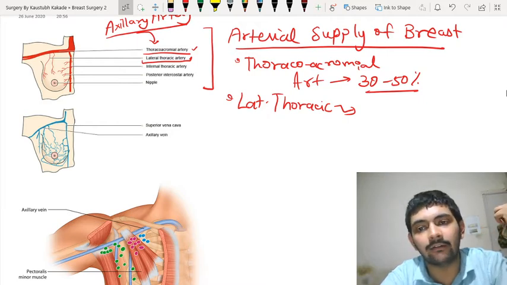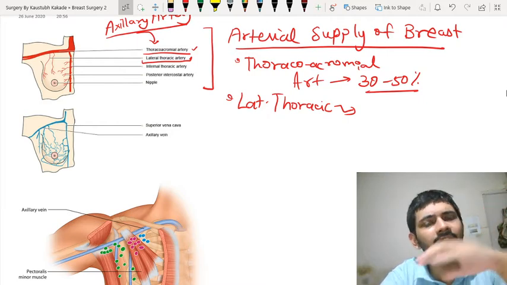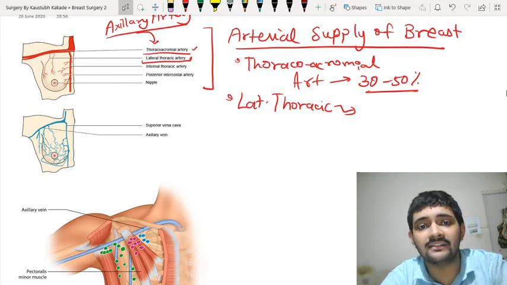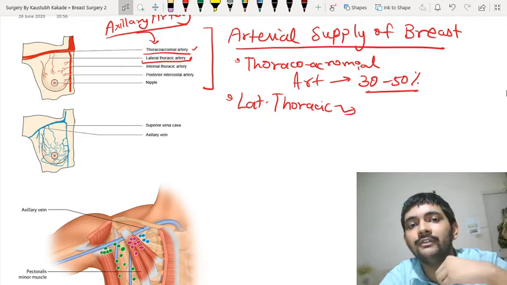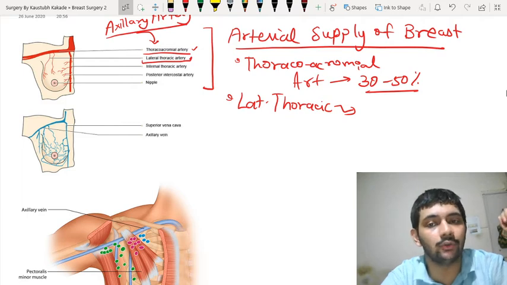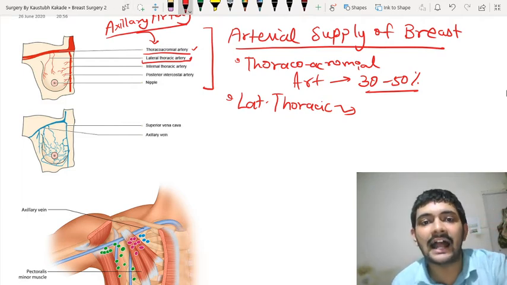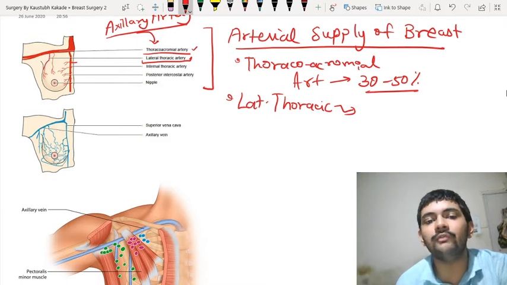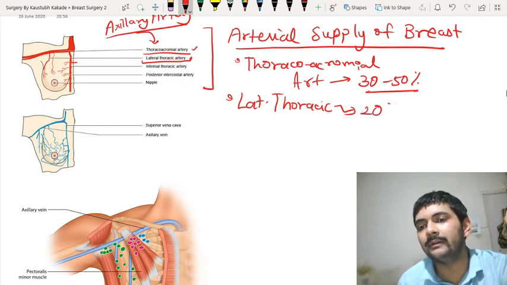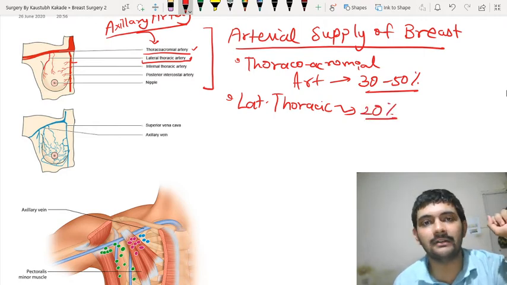This is a variable artery; in different individuals, different origins have been noted, such as the arch of the aorta or the subclavian. But the lateral branches of the lateral thoracic artery supply about 20% of the breast.